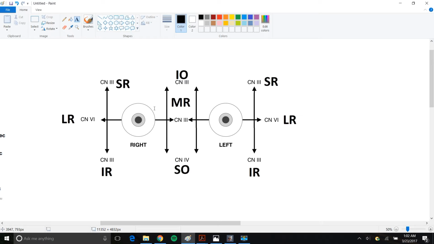Now, let's talk about cranial nerve number 3. That's a major deficit. So when you have cranial nerve number 3 damage, that means you lose the ability to move medially. You lose the ability to look upward and downward via control. Then your patient's eye is actually in a fixed position outward and downward.